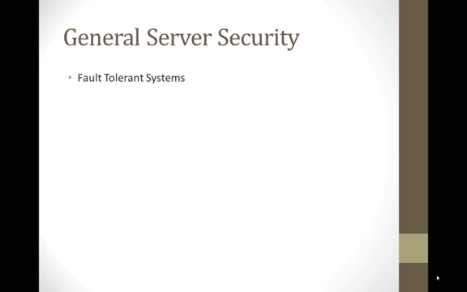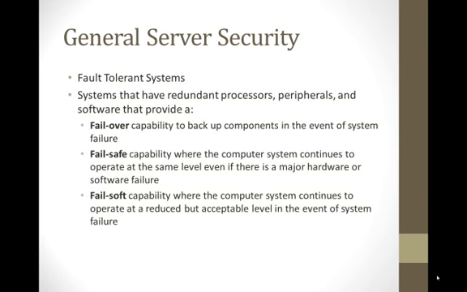Okay. Fault tolerant systems. So we said we want to try to create a system that, if it has problems, it's easy to bring back up, right? So fault tolerant systems are systems that have redundant processors, peripherals, and software that provide one of three levels of capabilities. Okay.